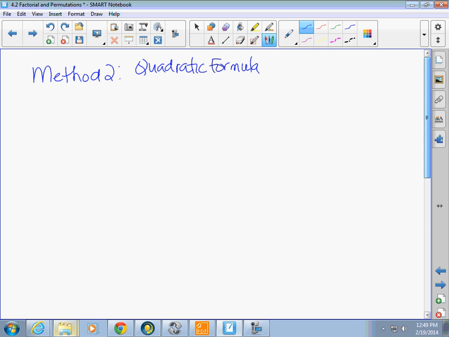So the quadratic formula is n or x, doesn't matter. n is equal to negative b plus or minus the square root of b squared minus 4ac, all over 2a. b squared minus 4ac is called the discriminant.